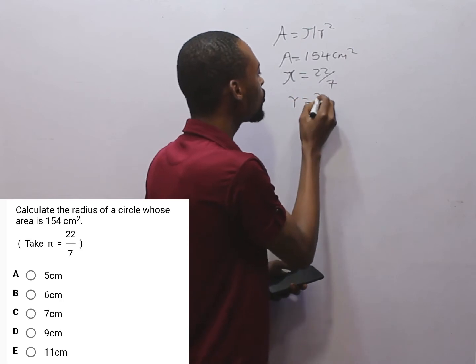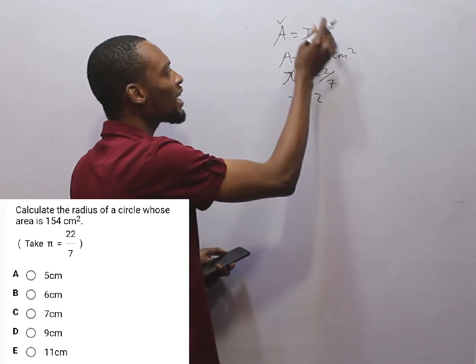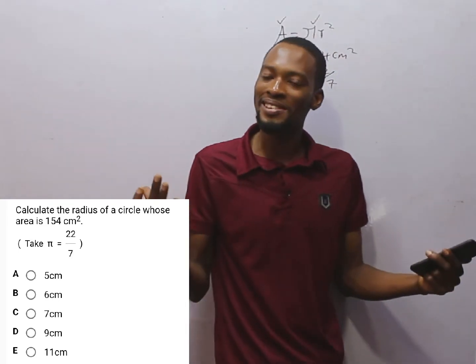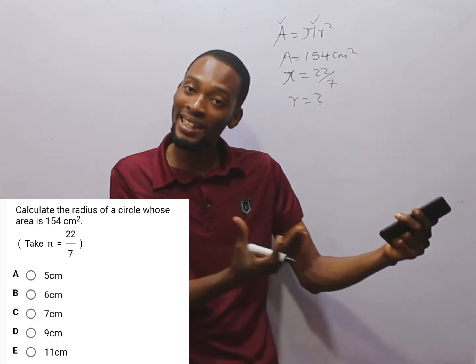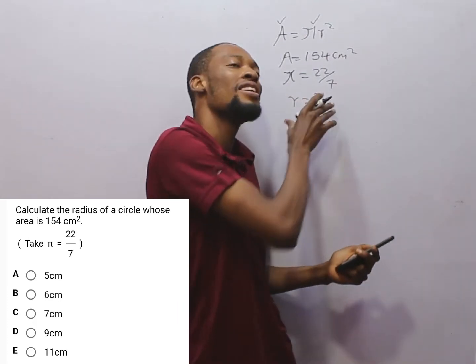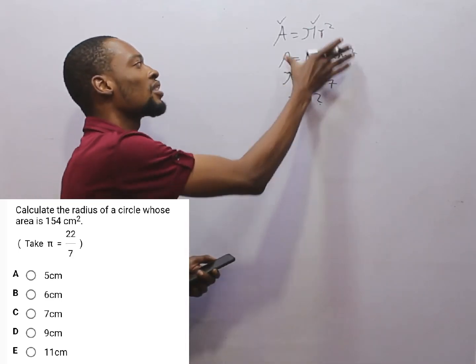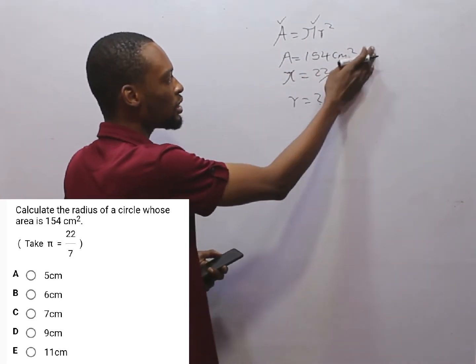We are asked to look for the radius. From this formula, we have area, we have pi. The only unknown is radius, which implies that we can comfortably look for the radius. How do we do that? Let's substitute the given values into the formula. So area is 154 centimeters squared.